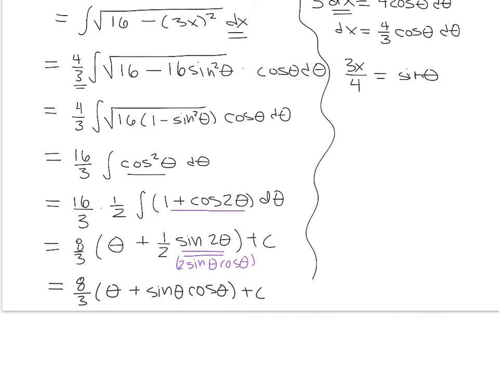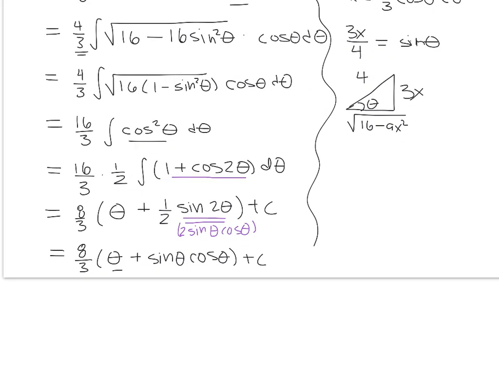And now if you look at a right triangle, this is your theta. So sine is opposite over hypotenuse. So the adjacent side is root 16 minus 9x squared. And let's just plug everything in. Also, theta will equal arc sine of 3x over 4.